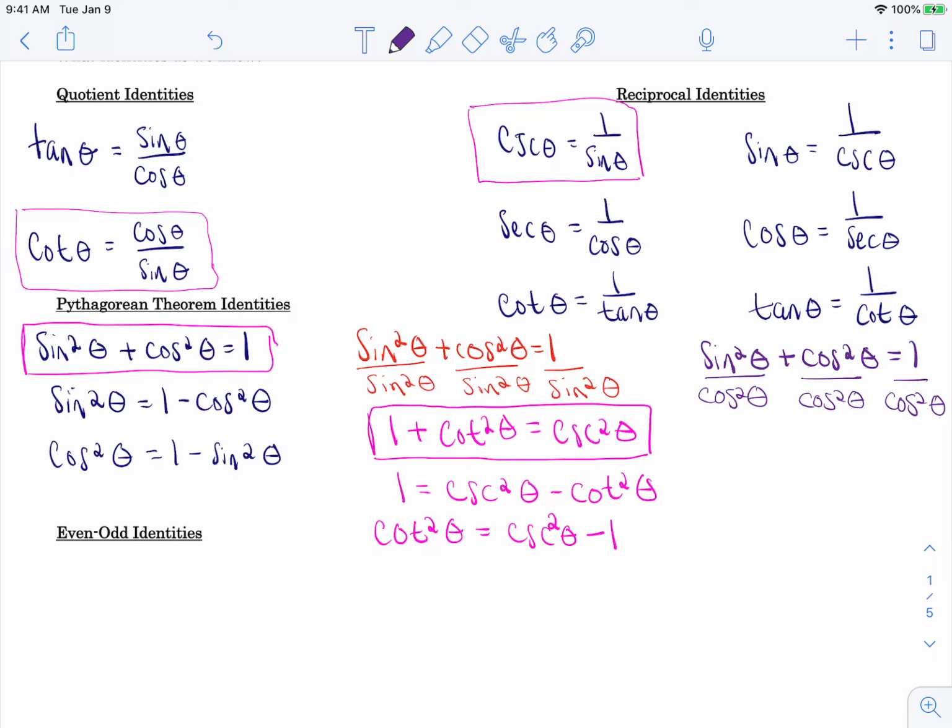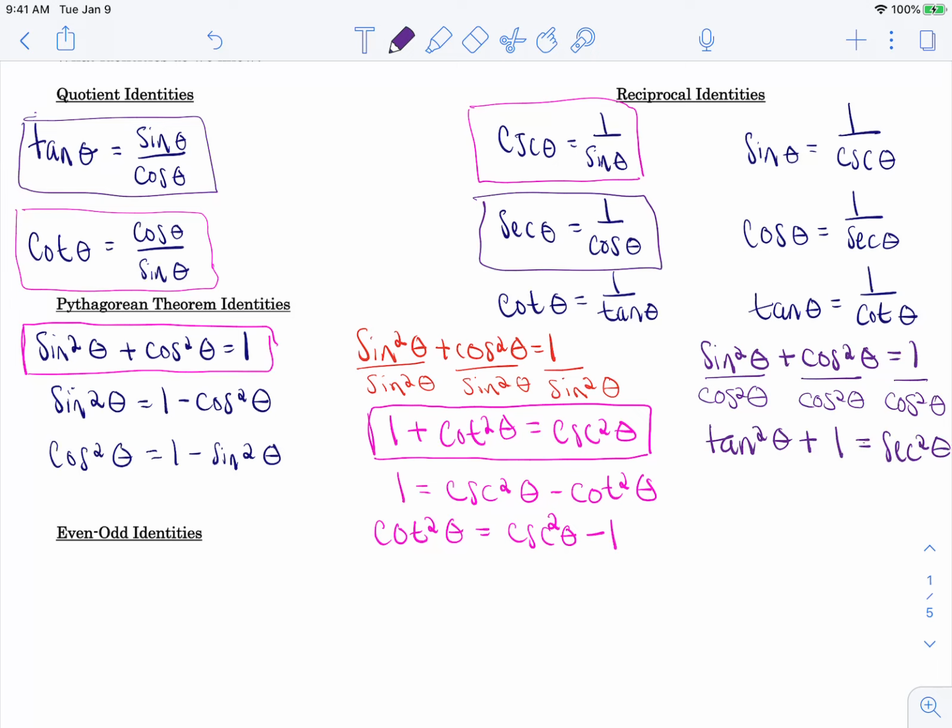So, sine squared divided by cosine squared, here's that definition, and that's why we would get tangent squared. Cosine squared divided by cosine squared is 1. And 1 divided by cosine squared is this definition, so that's why we get secant squared. So here's our third Pythagorean theorem identity.